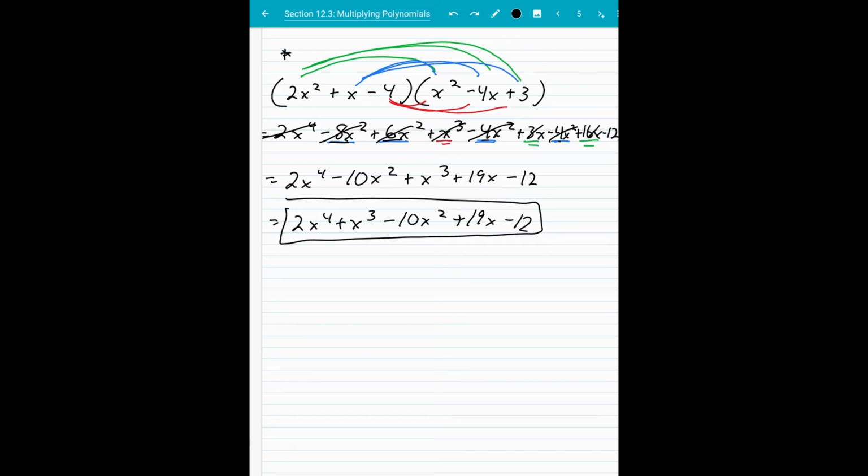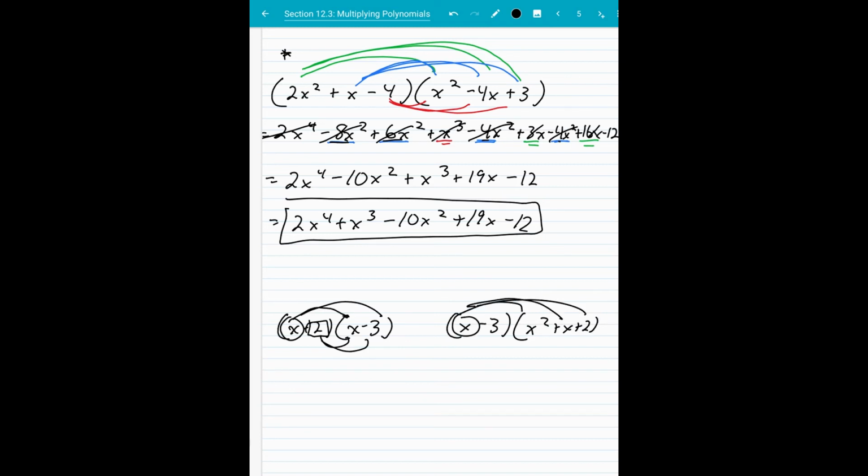You don't really need to know how to do it necessarily by the FOIL method because what I'm showing you right now is essentially the FOIL method. There's just no acronym. So the idea is I always want you to remember no matter how many numbers we have right here, always take the first to everything, then the second to everything. If I have even more numbers, remember, it's always the first one to everything, then the second one to everything.